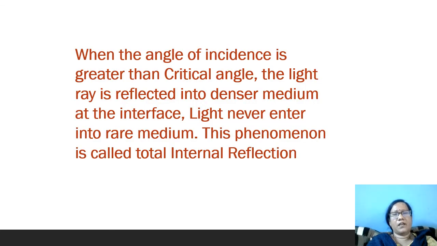So, when the angle of incidence is greater than the critical angle, the light ray is reflected into the denser medium at the interface. Light never enters into the rarer medium. This phenomenon is called total internal reflection. So, children, we had already observed this.